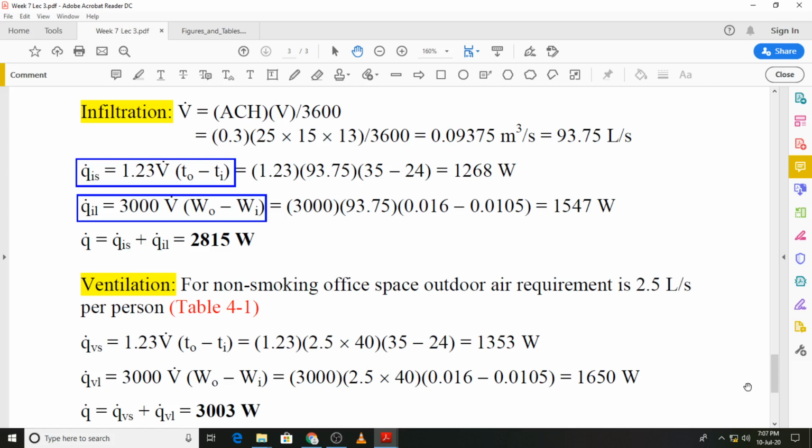If you read the statement over here, I've already written what value I've taken from table 4-1, that is 2.5 liters per second per person. And how this value of 2.5 liters per second is obtained, once we go to that table, it will be quite easy to see.